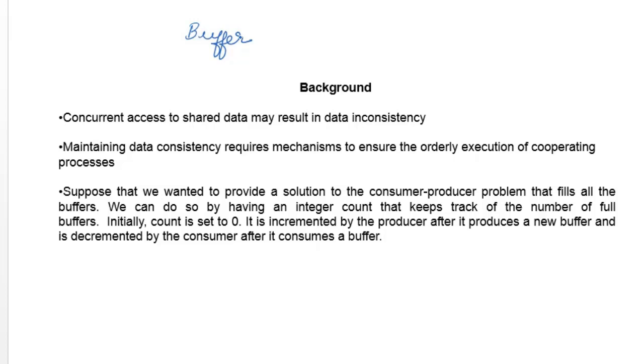Normally, the producer uses this buffer to fill the data in, and the consumer will use this buffer to consume. A producer will fill this buffer, and the consumer will empty this buffer. Please note, a buffer is a region of memory which is shared by both processes.